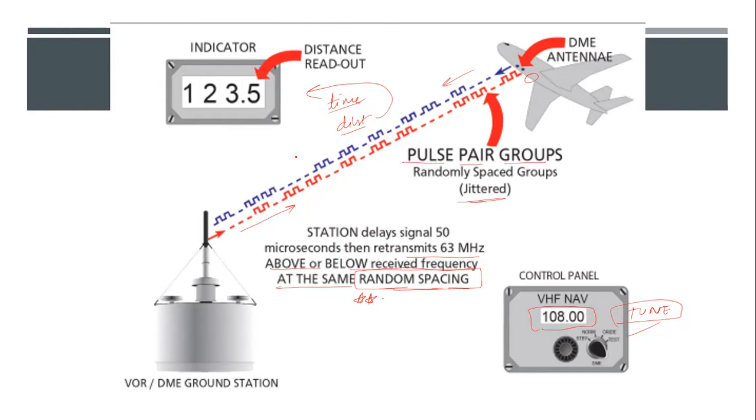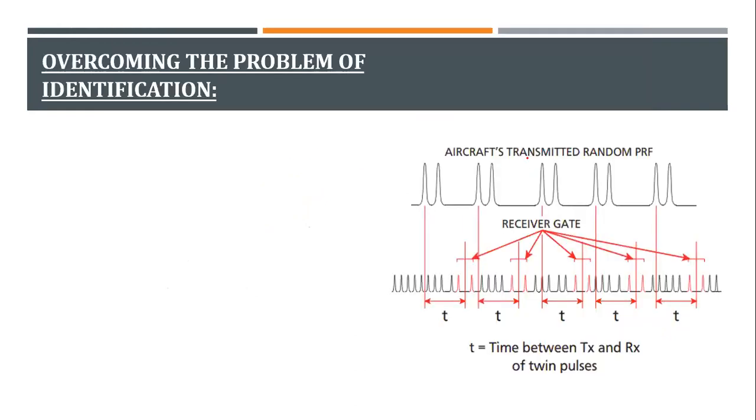Let's go into a little more depth about these pulse pair groups. What is this? So you can see individual pulses are like this. These are pulses which I've already explained in the earlier chapter on radars. The pulses have some time between them. Now these pulses are paired together. These are pairs of pulses, you can see.